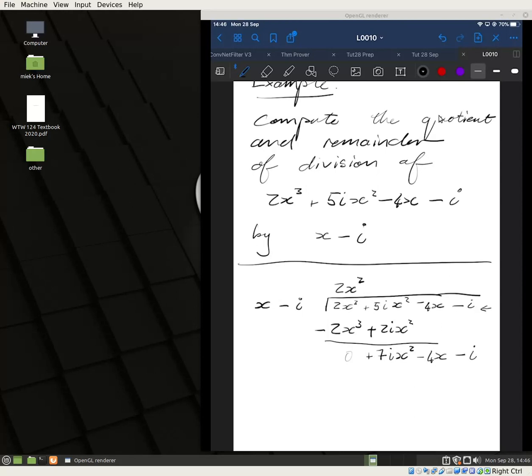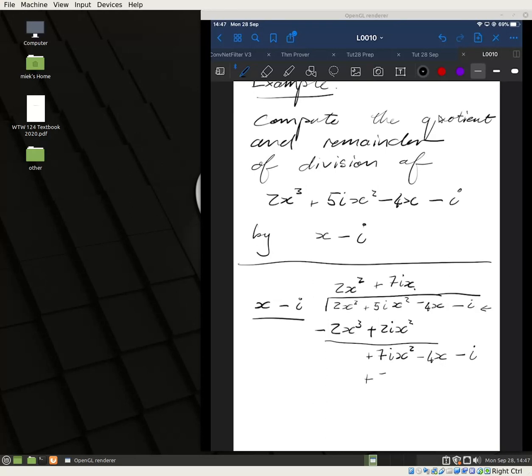Okay, and now we repeat. So look at the leading terms. x goes into 7i x squared 7i x times. And now we multiply what we have just written down with this expression and write it below here.